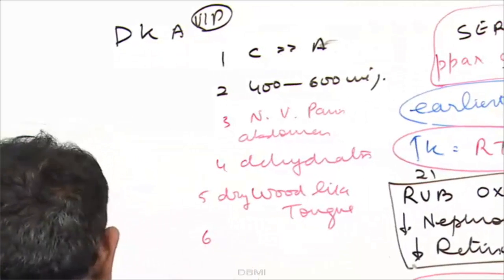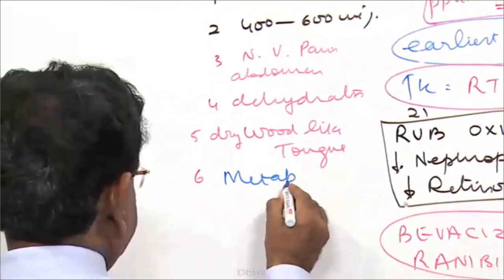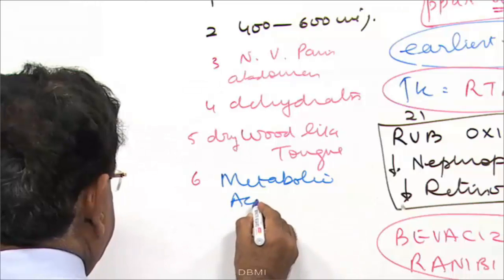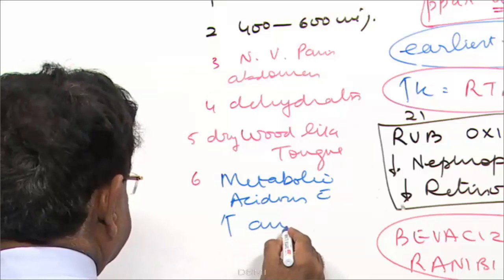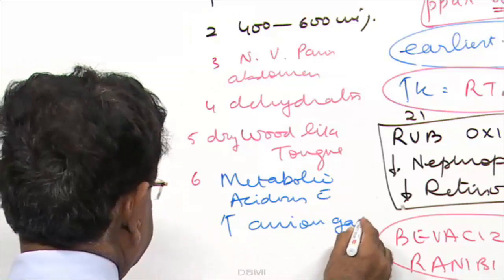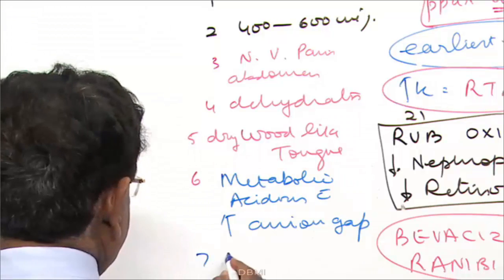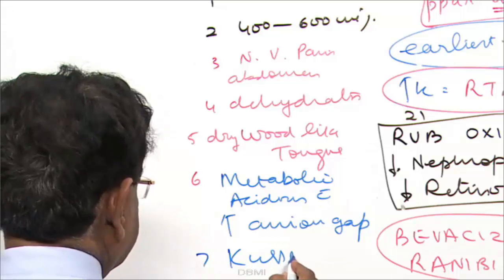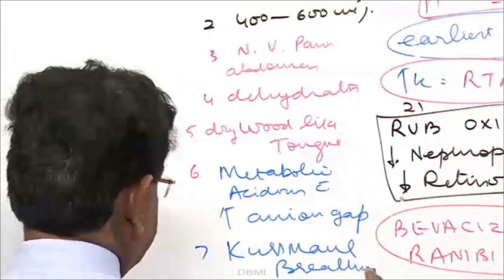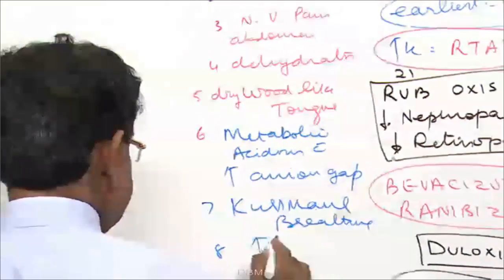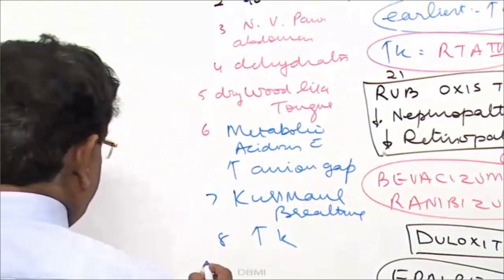Then what else? Patient has metabolic acidosis with increased anion gap, and that leads to what? Small breathing. And due to the same reason, because acidosis is there, you get hyperkalemia, and you get pseudo hyponatremia.